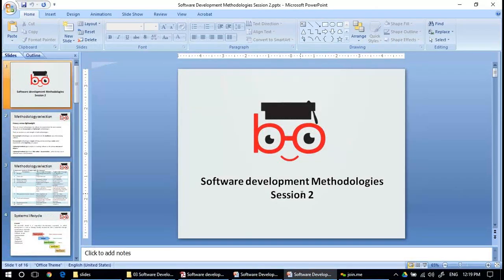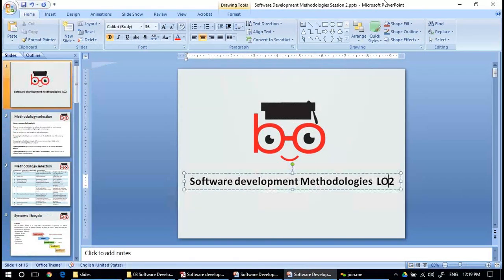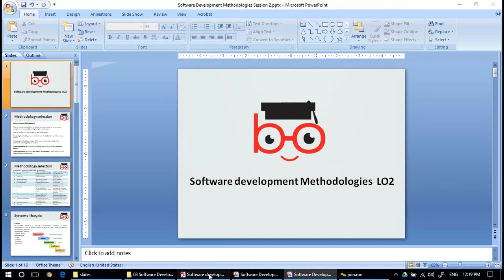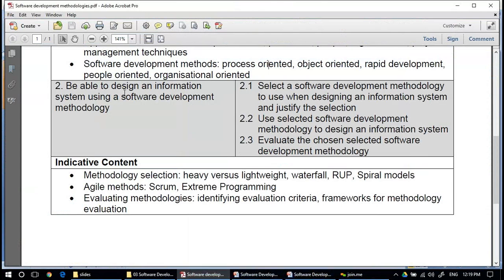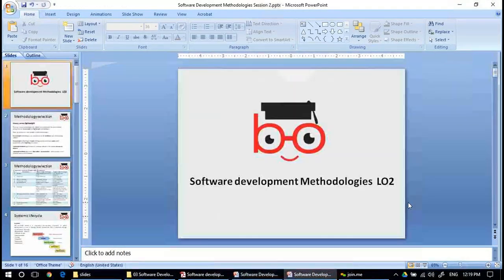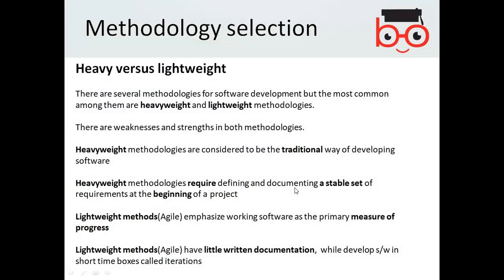So this one is basically LO2, which is to be able to design an information system using a development methodology. Let us see what heavyweight versus lightweight is. There are several methodologies for software development, but the most common among them are heavyweight and lightweight methodologies.